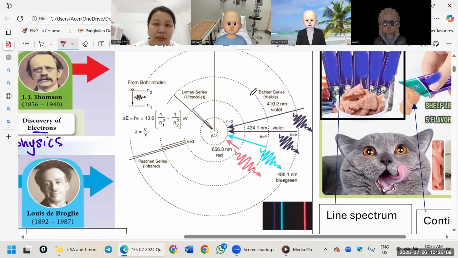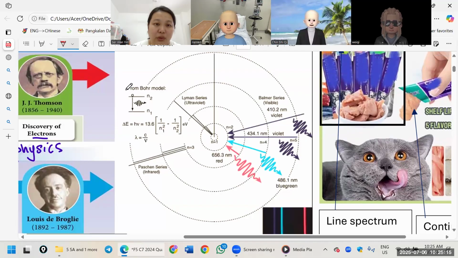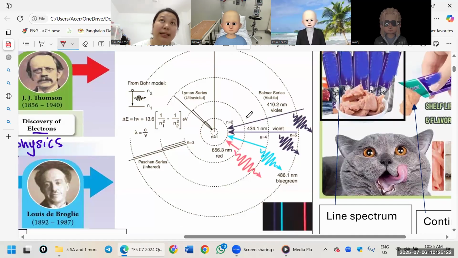We know Bohr's model has electrons. When an electron gets energy, it may jump to a higher level.